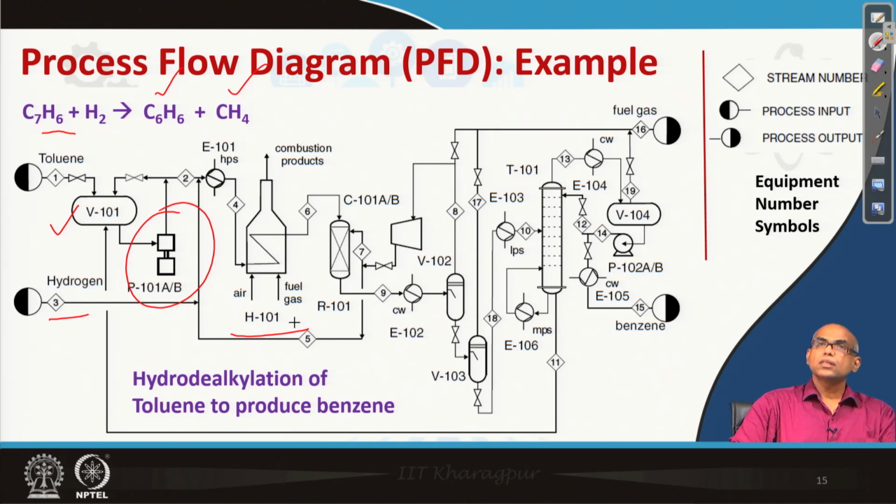The temperature may be around 600 to 700 degrees Celsius at which this reaction takes place, and then fed to the packed bed reactor represented by number R101. In this packed bed reactor, toluene and hydrogen react to produce benzene and methane.